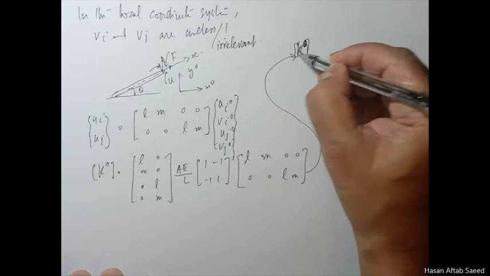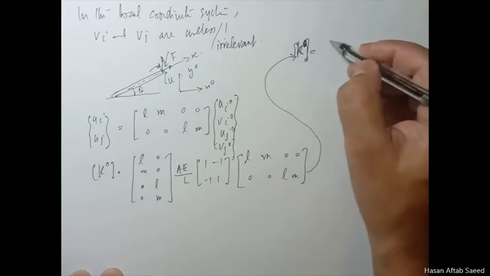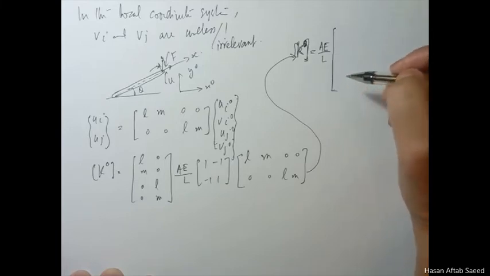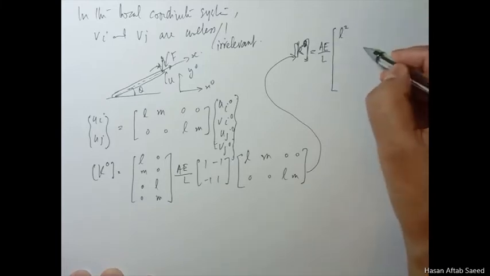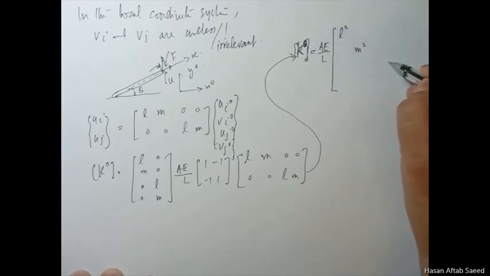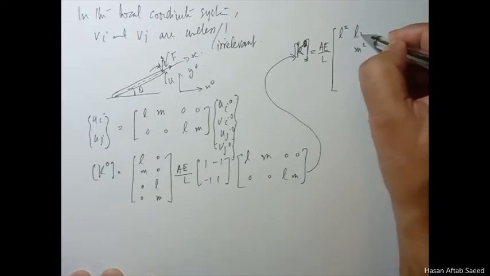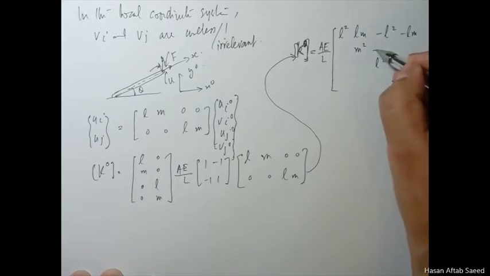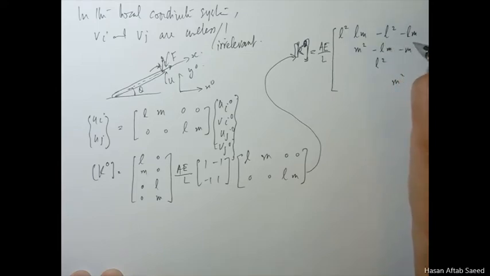Remember that this naught is for global. This is AE over L, that is the same, but now L square, LM, minus L square, minus LM, LM, M square, minus LM, minus M square.